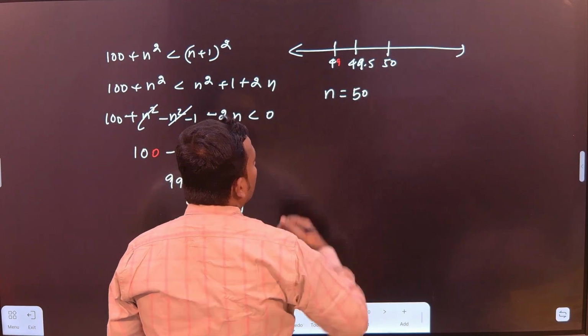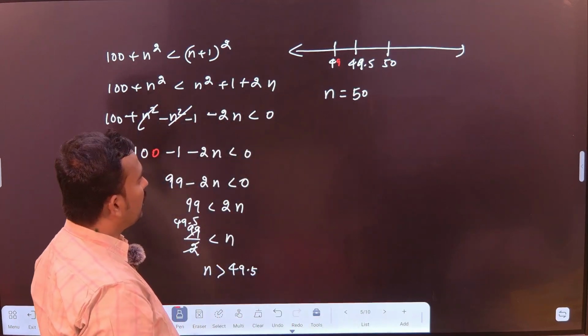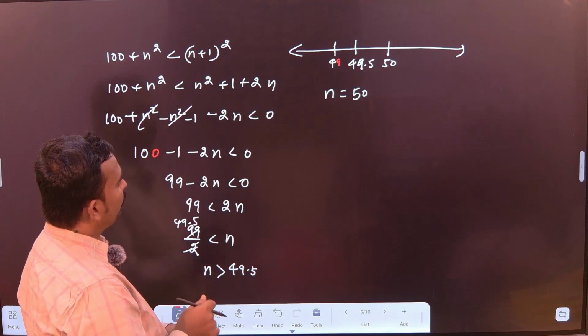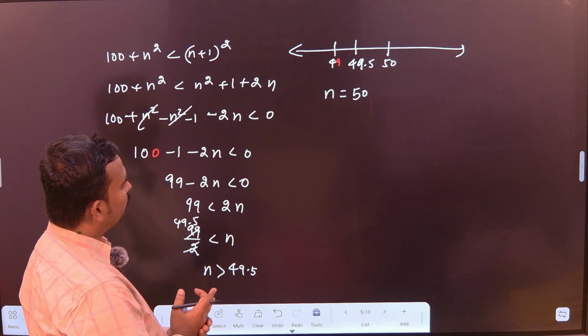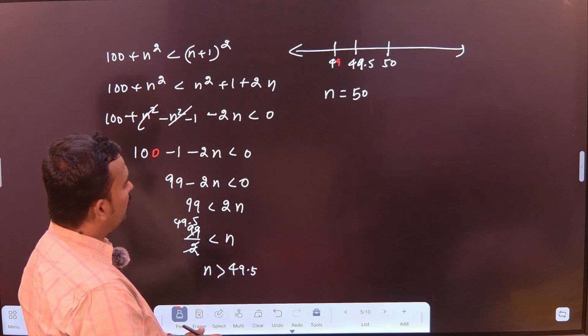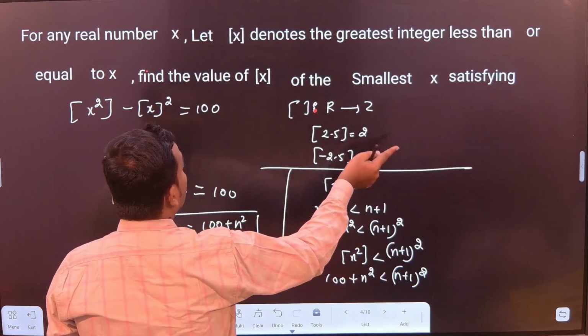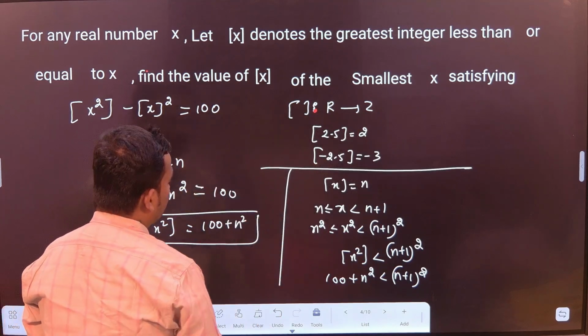The smallest integer here is what? 50 only is possible, right? Okay. So n here is 50.